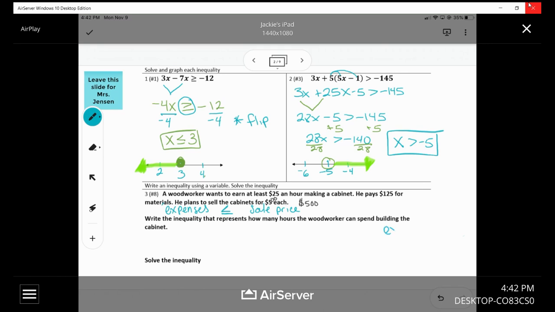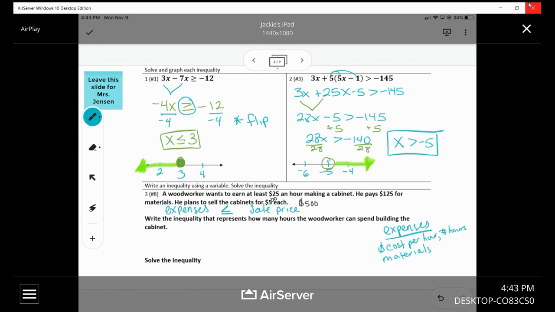Now, things that are included in expenses would be his hourly wage, his labor cost. So also the number of hours. That would be his entire labor fee. And also the cost of his materials. So let's think about this.